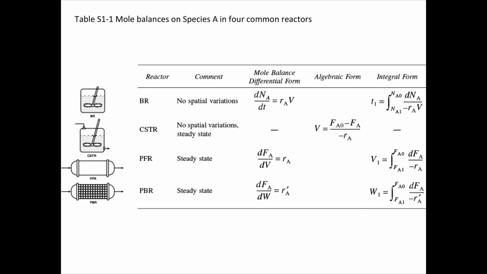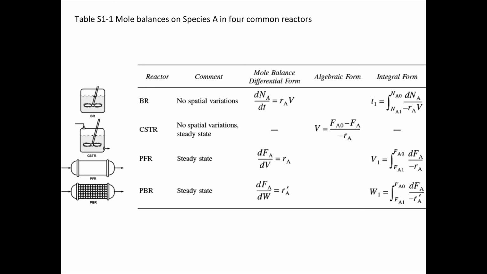It can be given to you. You can infer that from the statement, maybe the units of k. There's always a way to get information about r, the rate of reaction. The other thing is that you typically have to focus on the limiting reactant, and we're going to see that in the next couple of videos and topics.